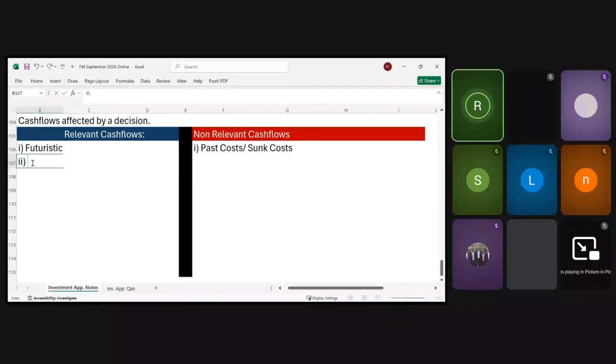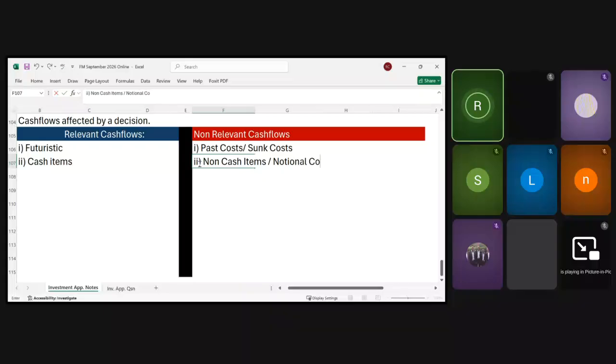Number two, they should be cash items. Now, here we should exclude non-cash items, mainly what we call notional costs.